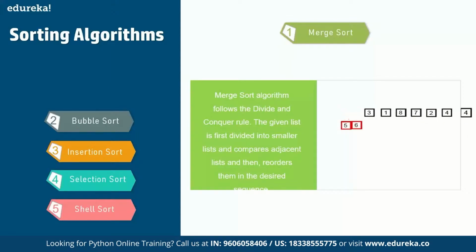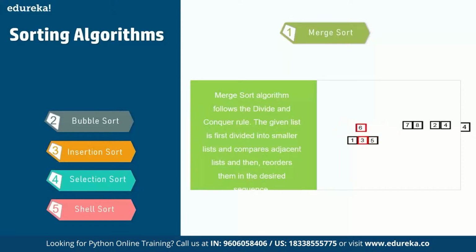And by default, a list containing one item is sorted, and the merge sort algorithm then compares the adjacent lists and reorders them in the desired sequence. And this process is called merge sort. This process is done recursively until it reaches a point where there is only one sorted list available.